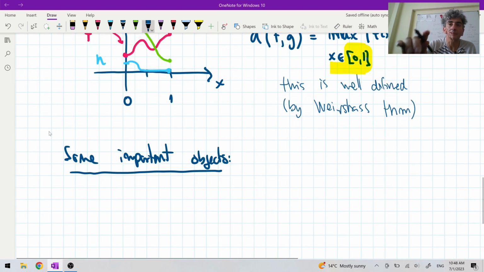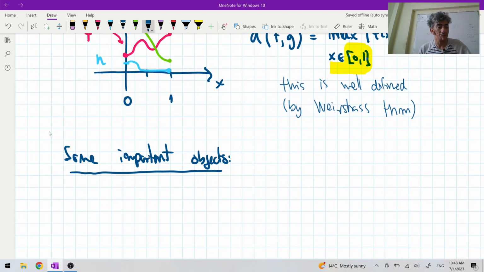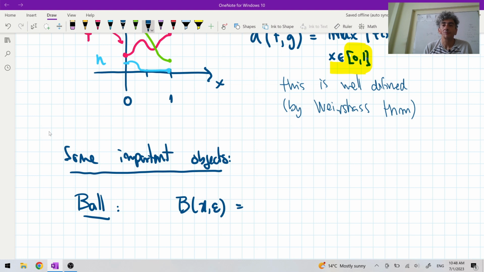Single most important object in metric space theory is the notion of a ball. B(x, epsilon) is what we call the ball around x of a radius epsilon greater than 0.